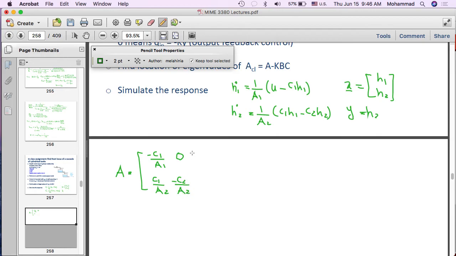This comes from the second differential equation. How about B? 1 over A1. Where is it? At the top. Okay, 1 over A1 gets multiplied. How about here? 0. Nothing gets multiplied. And how about C?